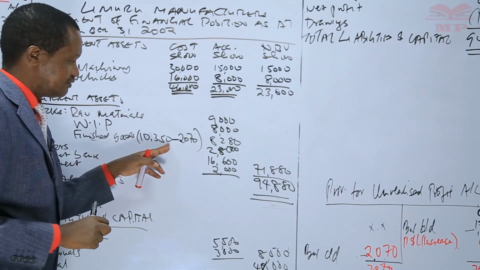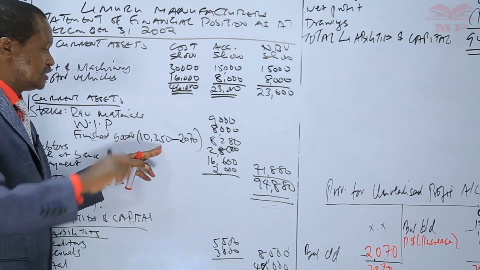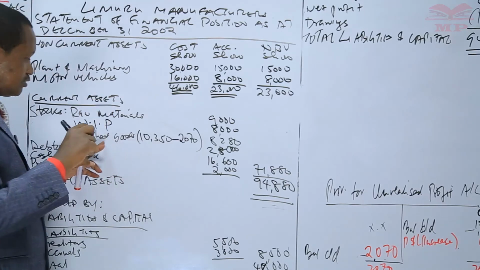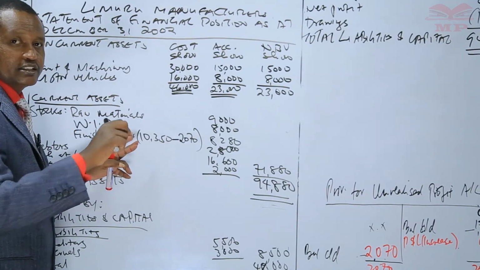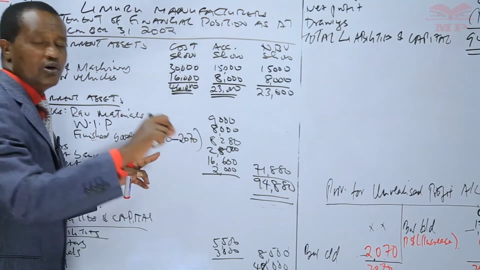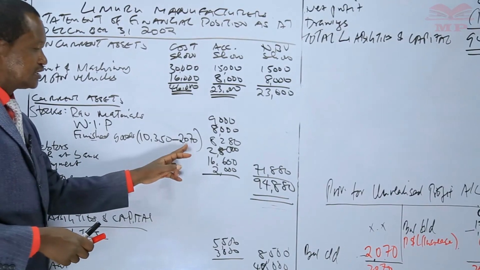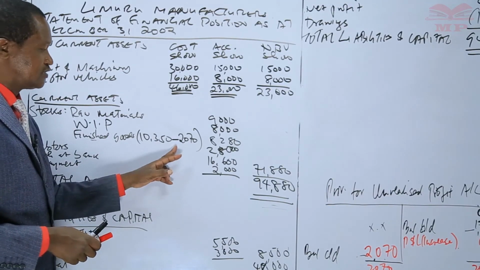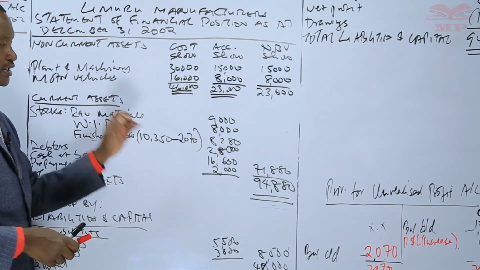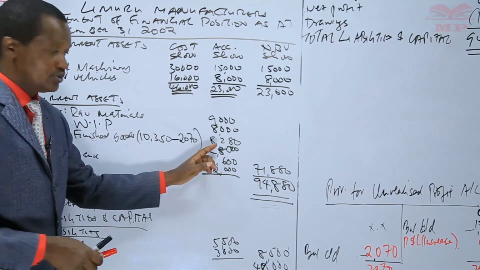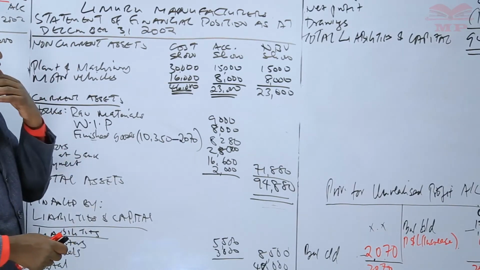This is the market value, and we know, according to international standards, inventories must be recorded at cost or net realizable value, whichever is lower. That's why we have to deduct this unrealized profit element from the market value of finished goods at the end to arrive at the cost, which is supposed to be reflected in the balance sheet. So that is how we treat unrealized profit.